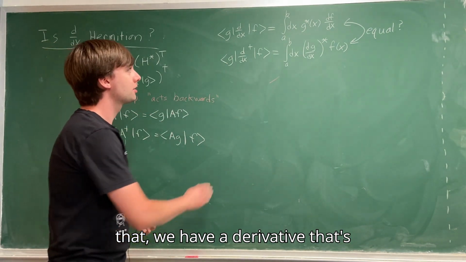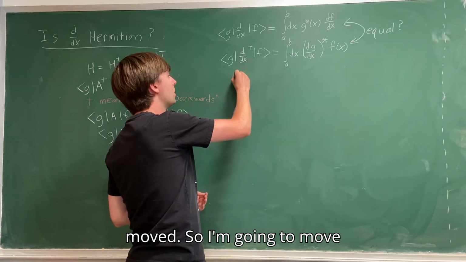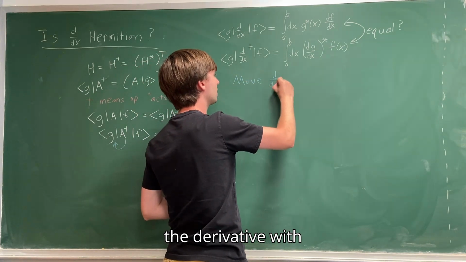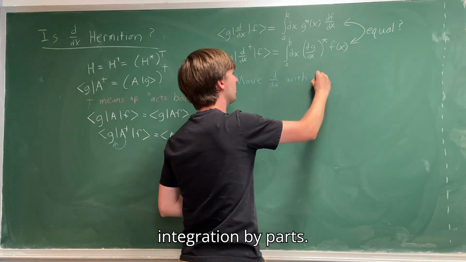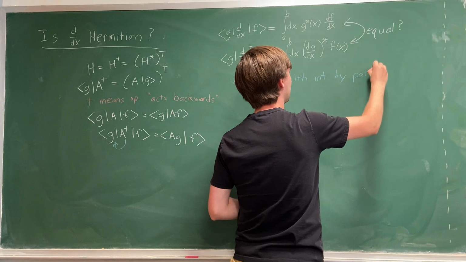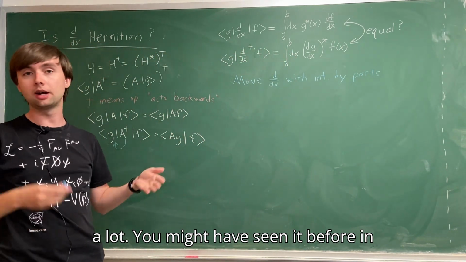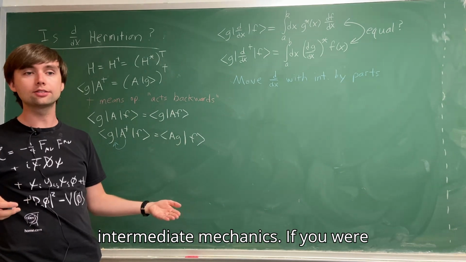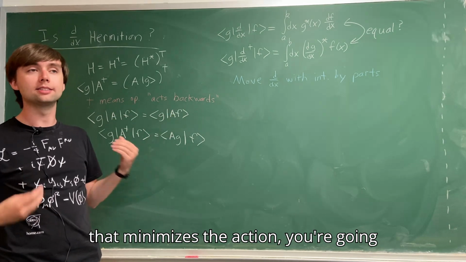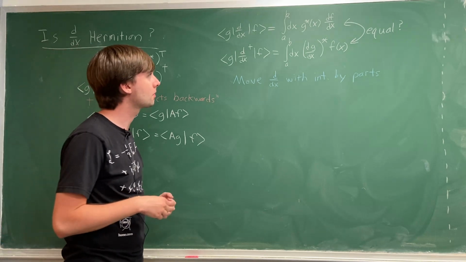And to do that, we have a derivative that's on the wrong thing that needs to be moved. So I am going to move the derivative with integration by parts. This is a trick that is going to come up a lot. You might have seen it before in intermediate mechanics. If you were proving Lagrange's equation and how that minimizes the action, you're going to see that a lot in classical mechanics.